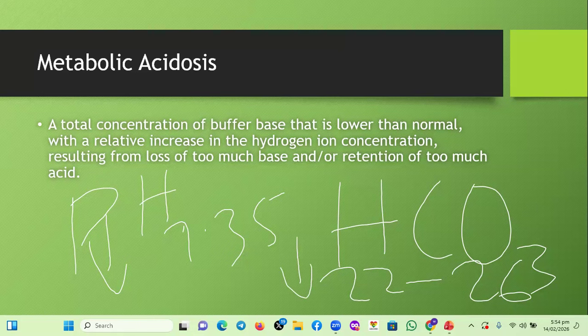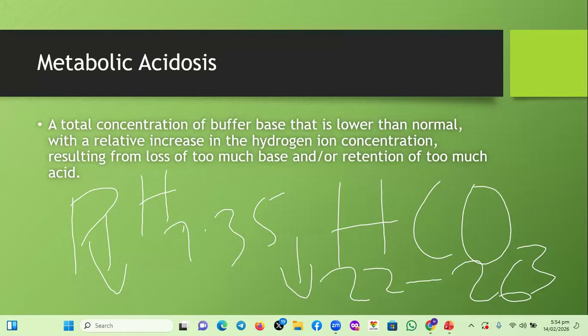Don't worry, we'll look at the labs, but I'm just using this as an example for you to understand that in metabolic acidosis, we are looking at problems that could cause an individual to have excess hydrogen ions in the system that is not as a result of a respiratory problem.